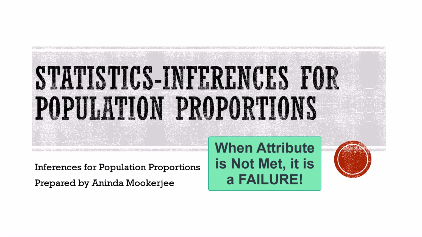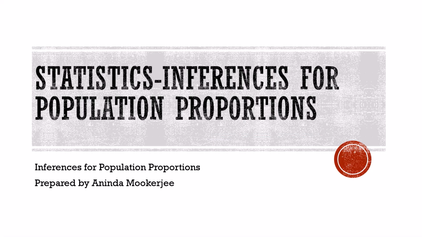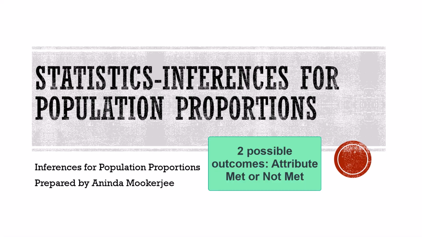They didn't meet the specified attribute I was looking for. Therefore, in studies of population proportions, there are two possible outcomes. Either the specified attribute was met or the specified attribute was not met. So we will come up with different examples as we go through the lecture.